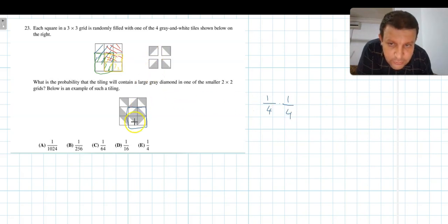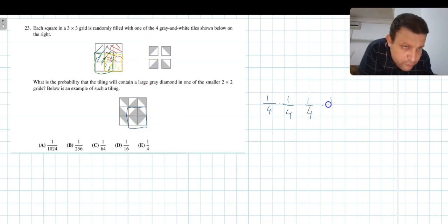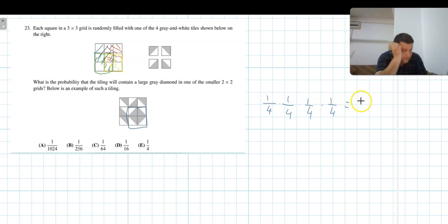And this one is going to be 1 over 4. And the last one is going to be 1 over 4 because we have 4 different options. So it's going to be 1 over 4 to the power 4.